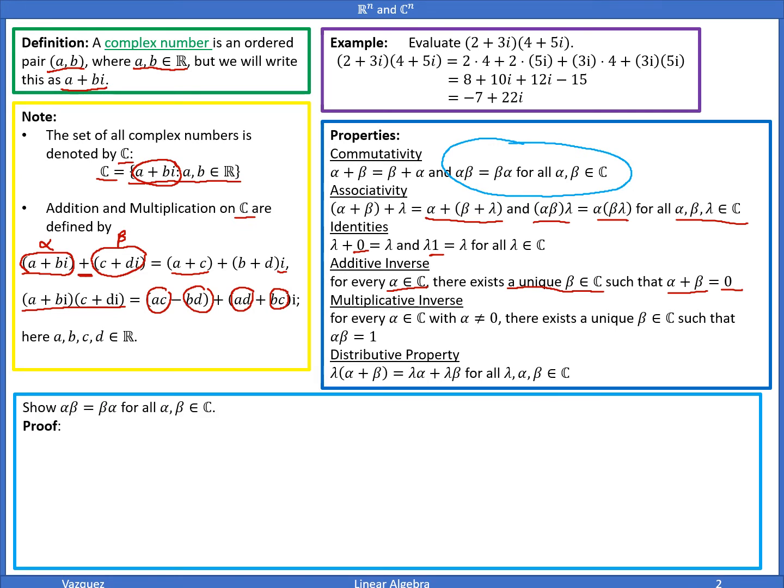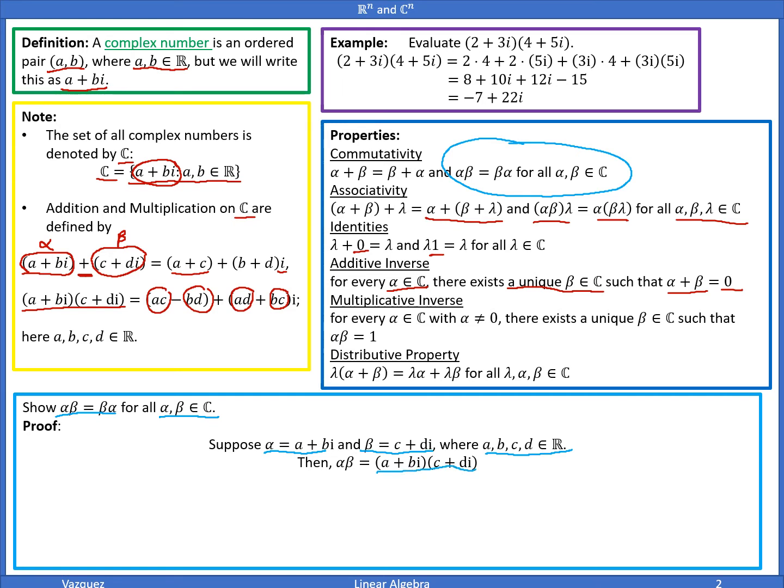So we're asked to show this statement is true for all alpha, beta being complex numbers. It's pretty straightforward. We start with the first complex number, alpha, next complex number, beta, of course, by definition, having a, b, c, d be real numbers. And we just pretty much multiply them out. Alpha times beta, we have here.